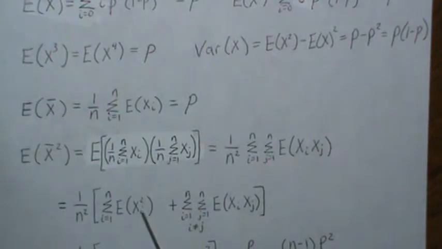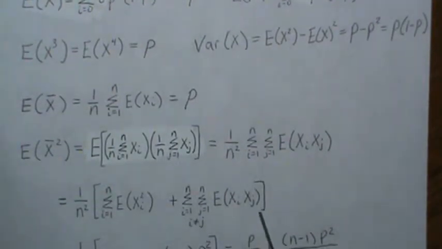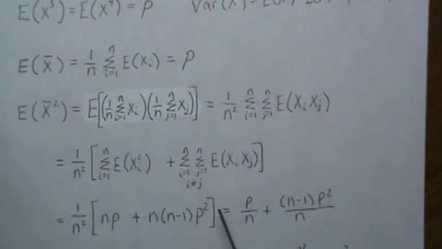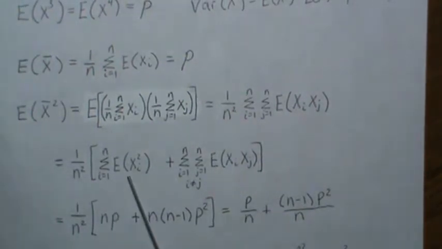So now this is a constant. So this is p. And this is going to be expected value of xi times expected value of xj, which is p times p, which is p squared. But now we have to know how many of these there are. And here we're adding a constant n times, so it's np.